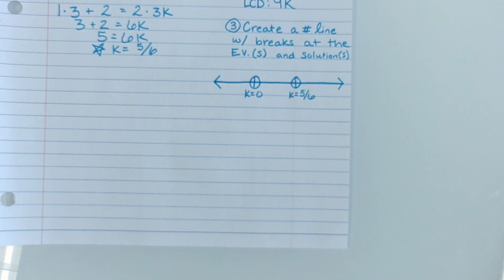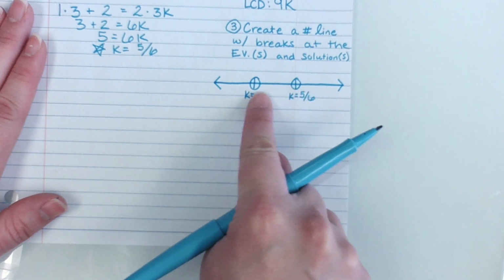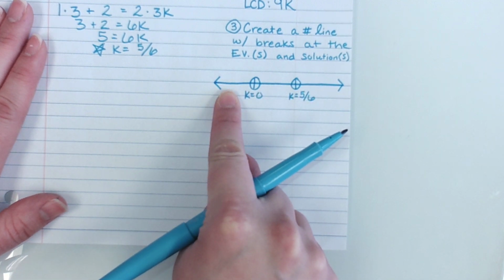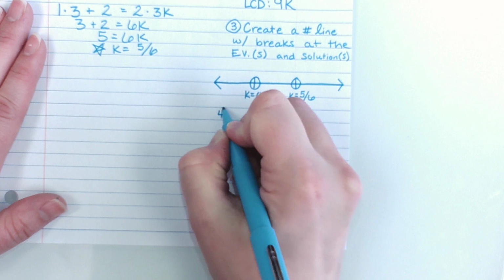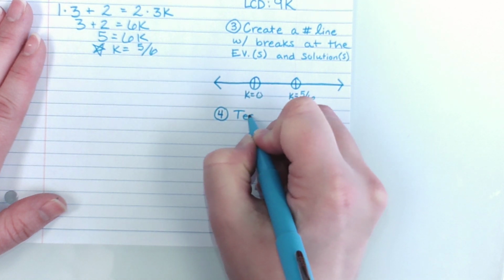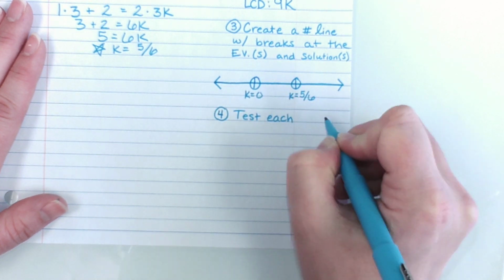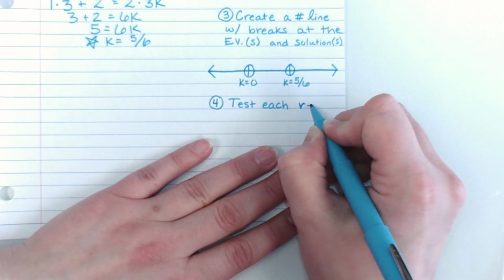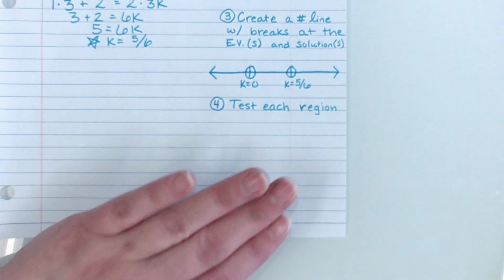Now on this number line, it is possible that this region works, or that this region works, or that this region works, or some combination of any of them. Or possible that none of them work. That's rare, but it's possible. To figure out which regions work, I run a test. Specifically, we test each region. What do I mean by test each region?